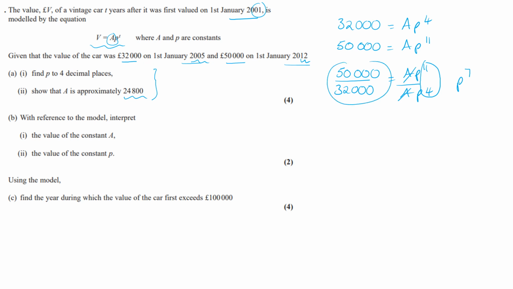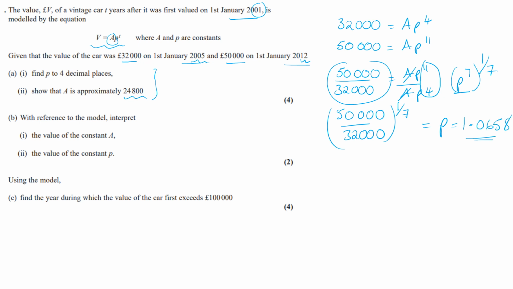Then if we do 50,000 over 32,000 and take the 7th root of it, that will equal p. In order to get p on its own, when we've got p to the 7, you need to take the 7th root, and that will give us p. If you do that, p comes out to be 1.0658.